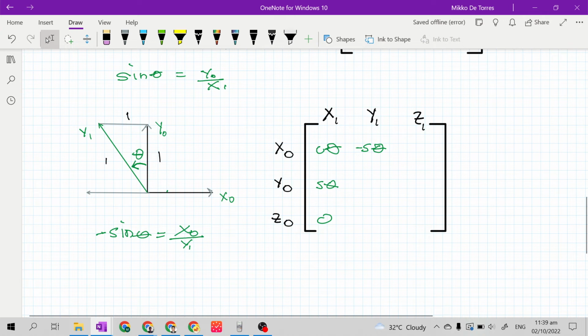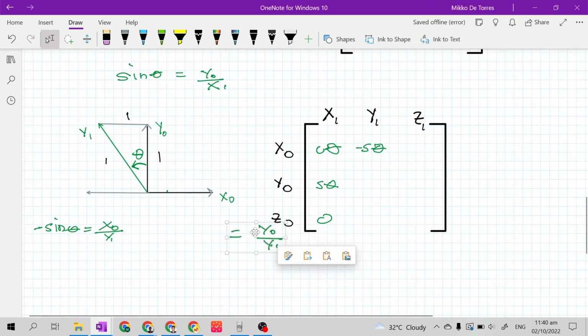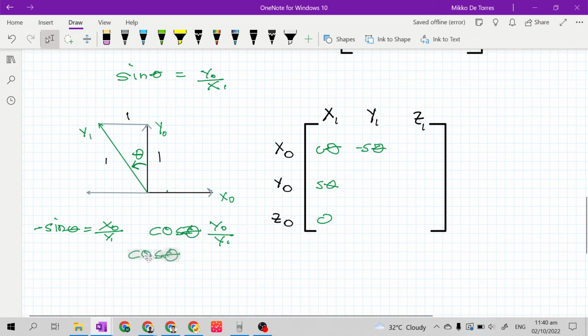Next, the projection of y sub 1 on y sub 0. y sub 1 is the hypotenuse and y sub 0 is the adjacent. So we will have adjacent over hypotenuse, which is the trigo function cosine theta.